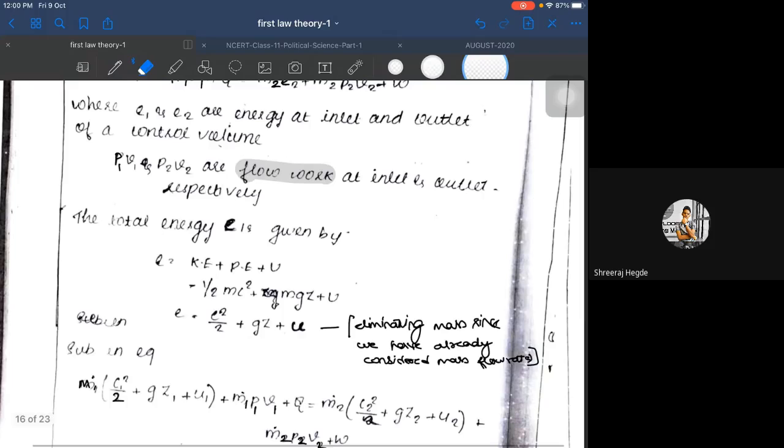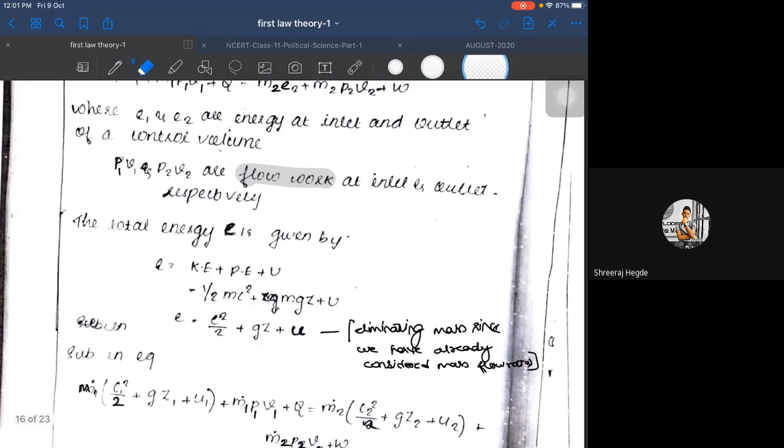Now, what is this total energy? I already said that total energy is given by the kinetic energy plus potential energy plus the internal energy. So three factors constitute your total energy. So total energy is half mc square, which is the kinetic one, and mgz, which is the potential one, and U being the internal energy.